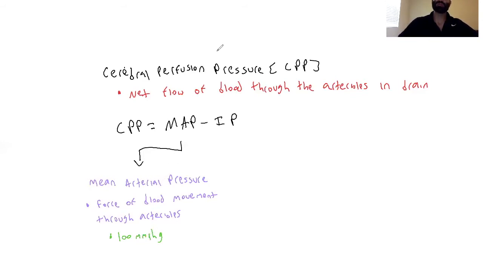Now there's this other term called IP, or intracranial pressure. And the cranial vault is a closed system. And the brain is actually under a little bit of pressure. If one were to take the brain out of the cranium, they wouldn't be able to put it back in, because now the brain has expanded because it is no longer under intracranial pressure.